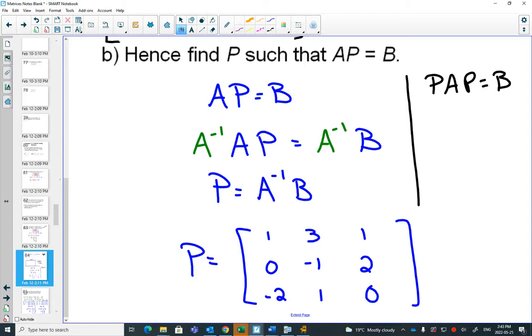This is the same question I kind of wanted to spell: PAB would be the same difficulty of solving, because if you wanted to get rid of the A at the end, you'd multiply by A inverse on the end. That's okay. But you still have that A in the middle.